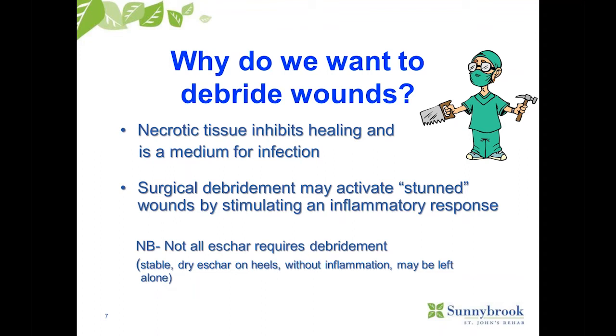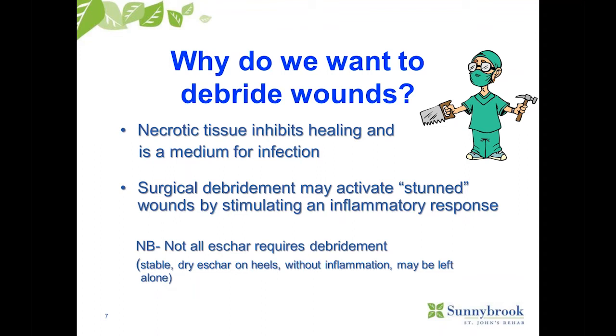If there are obstacles or necrotic tissue there, the wound will not close. And necrotic tissue is wonderful food for bacteria, so you increase risk of infection. I won't worry about surgical debridement right now.